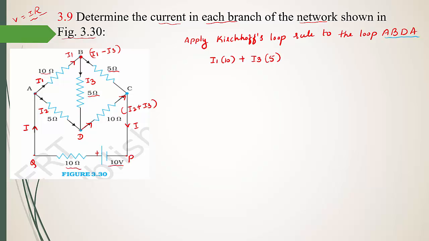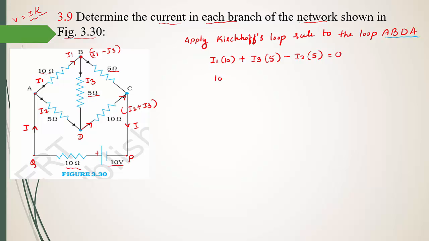Then the third branch, that is D to A. B to D is over. Then D to A. D to A is opposite to our loop. We are moving from D to A, but the current is moving in downward direction. It is exactly opposite. When it is opposite to our direction, we can take it as negative. Minus I2 amount of current is flowing through the resistor 5 ohm is equal to 0. Right?